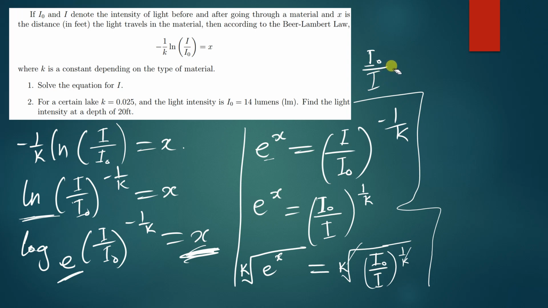So we have I naught over I being equal to the kth root of e to the power x.